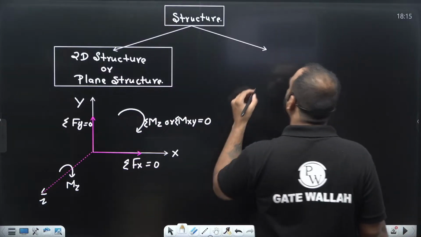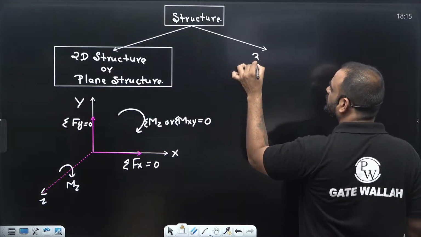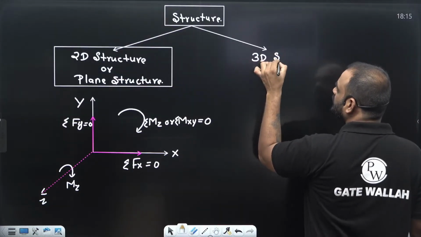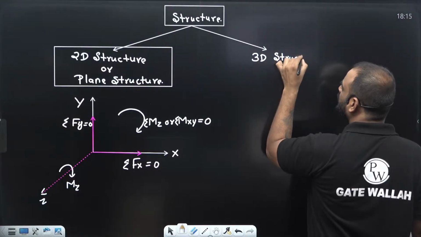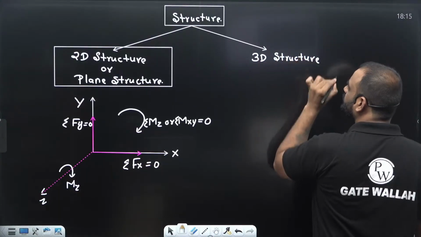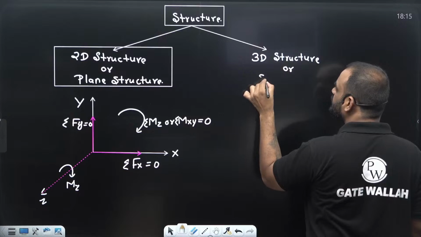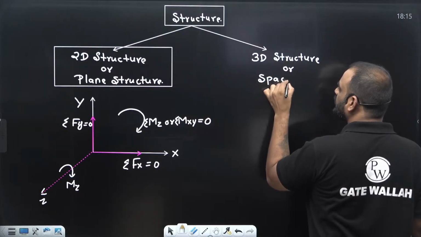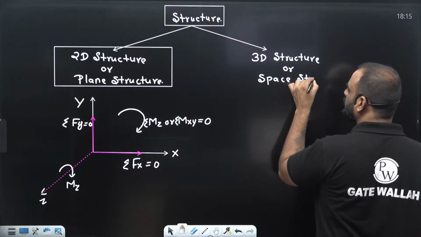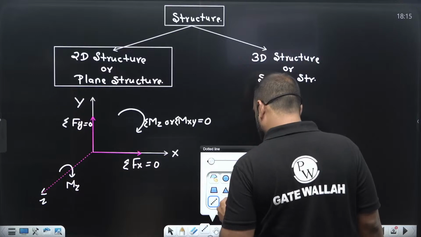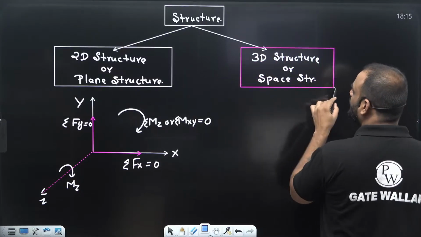Now let us consider a 3D structure, which is also known as a space structure. So guys, for a space structure or 3D structure, what will happen?